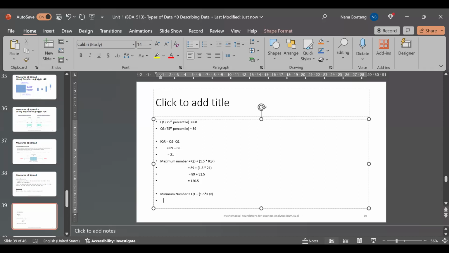Q1 was 68, wasn't it? So 68 minus 1.5 times our IQR of 21. What do we get?